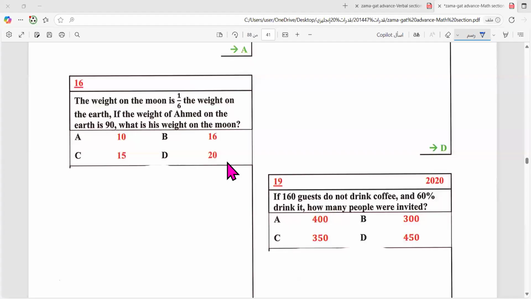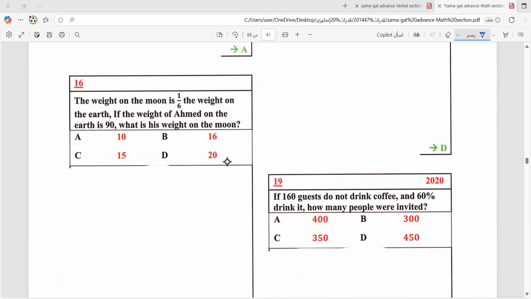Yalla Yasmin, number 16. Try to multiply 90 by 1 over 6 to find his weight on the moon, which is C, 15. Here, the weight on the moon is 1 over 6 of the weight on the earth.